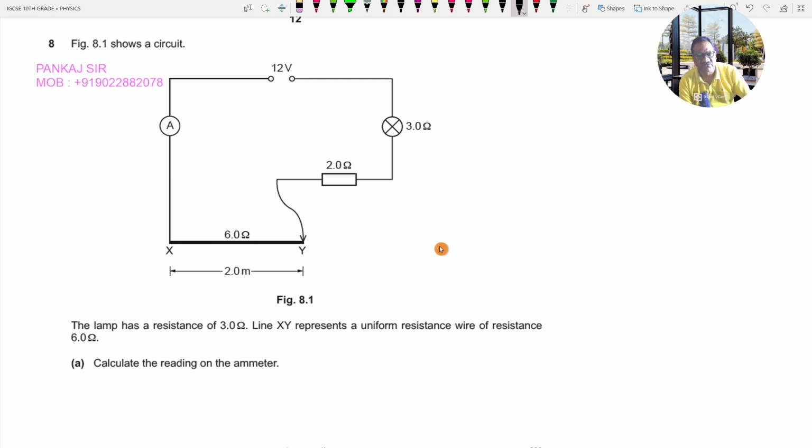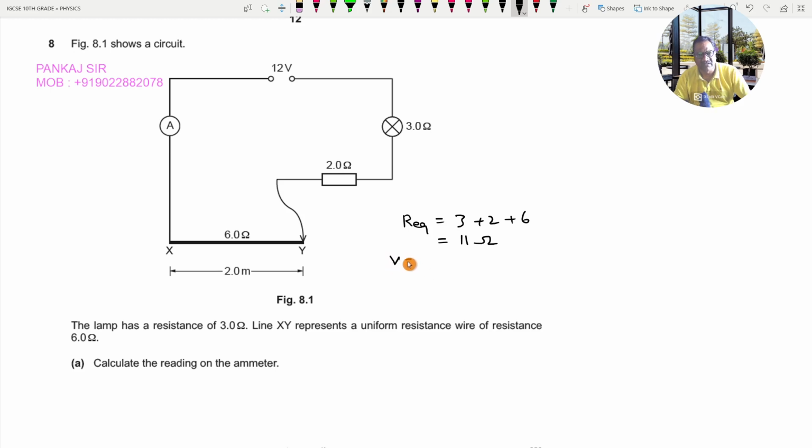So I can write that R equivalent of the circuit is equal to 3 plus 2 plus 6. 3 plus 2 is 5, 5 plus 6 is 11 ohms, right? So the equivalent resistance of the circuit is 11 ohms. Now the supply voltage is 12 volt.